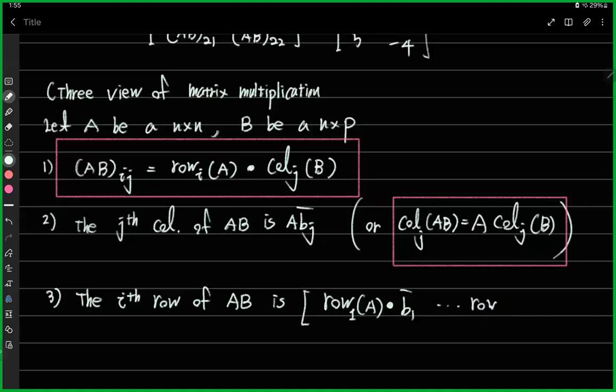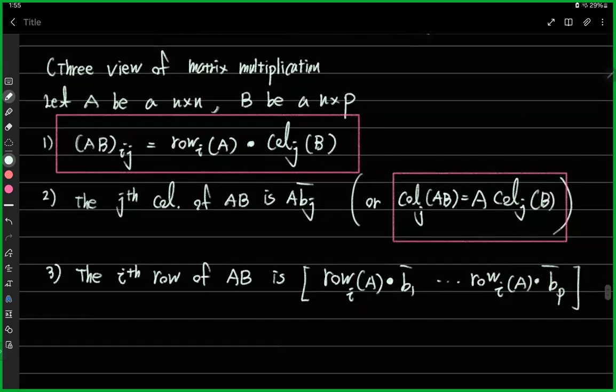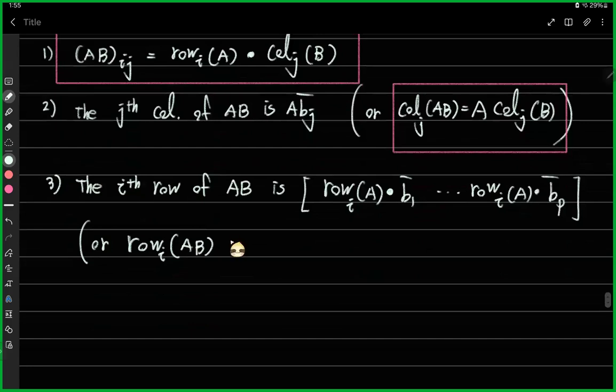So this is row i, ith row of matrix A dot product with Bp. Oops, I think this is not the first i. Sorry. Or you can say this is equivalent to this: the ith row of matrix AB is equal to the ith row of matrix A times B.